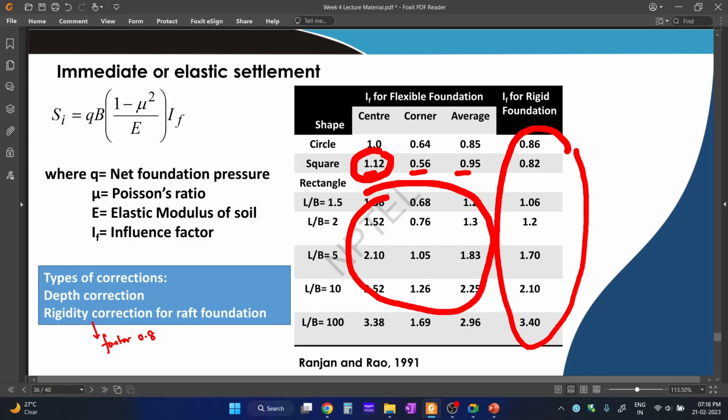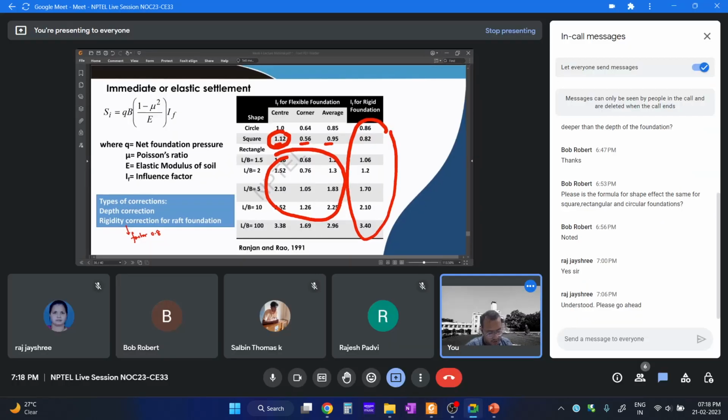Okay, I will show it to you. So note it down, the influence factor at the center for a square footing is 1.12. Note it down.